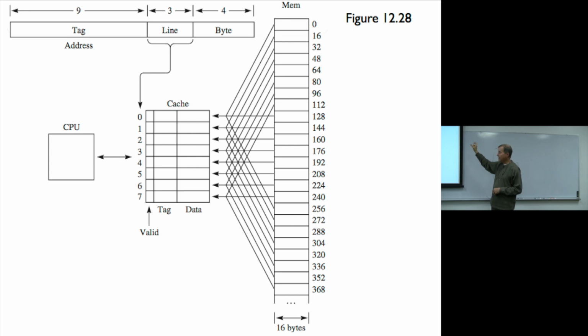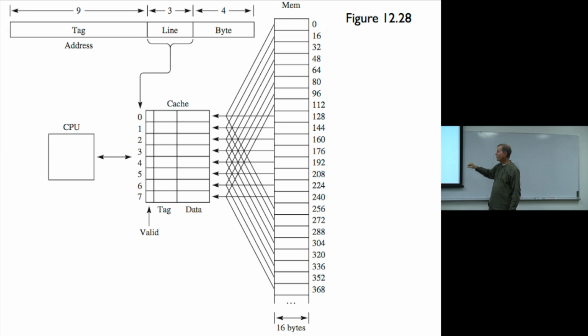And each one of those is a line. How many bytes do we have in each line of memory? 16 bytes, right? Here it is on the bottom, 16 bytes. So the address of the first line is 0, then 16, then 32, then 48, then 64. Are you with me?